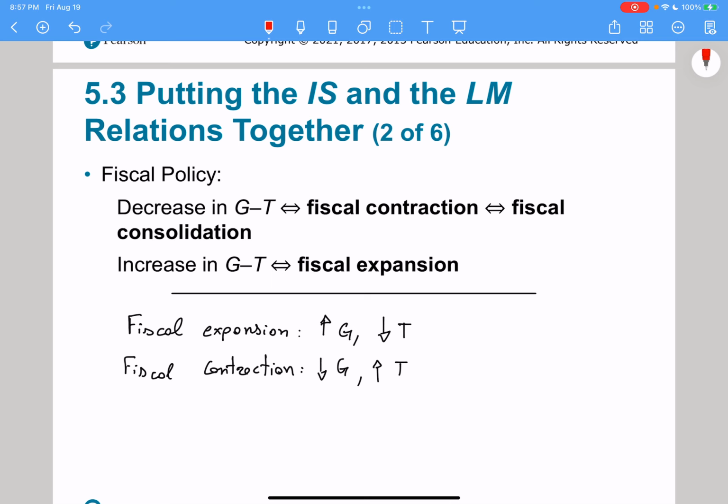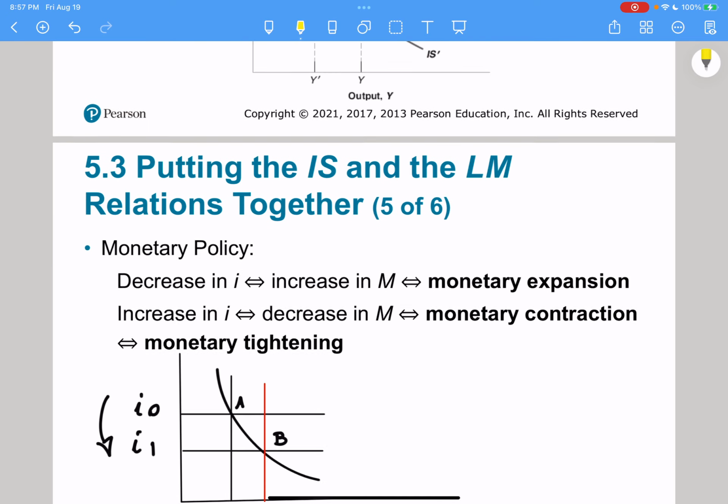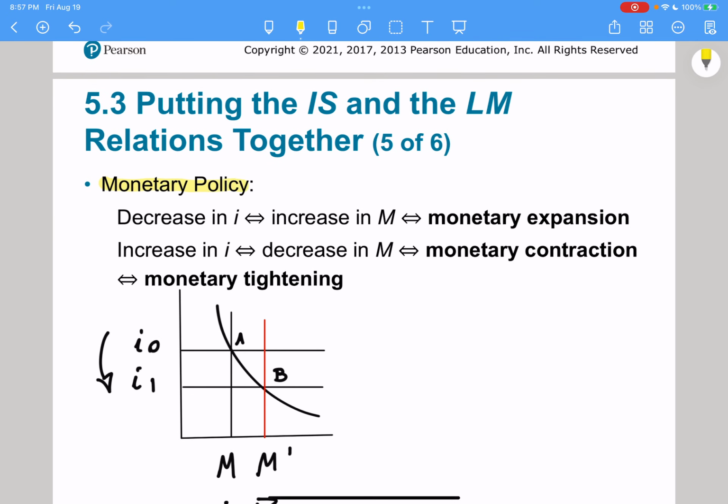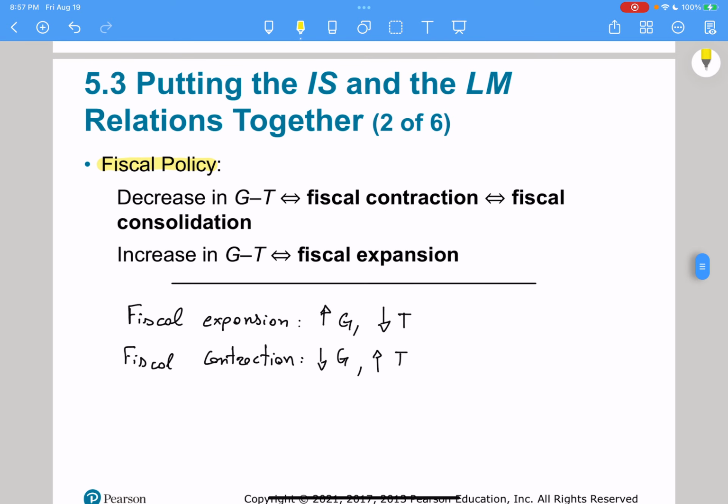However, you have said that you can shift the curves, right? So what happens when one of the curves is shifted? Well, we can have something called fiscal policy. And in a couple slides, we will have the monetary policy. So let's see, first of all, what is the fiscal policy?